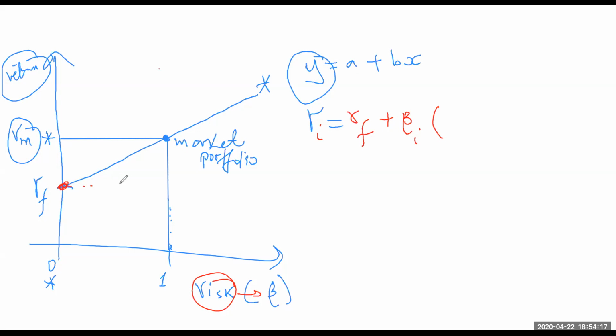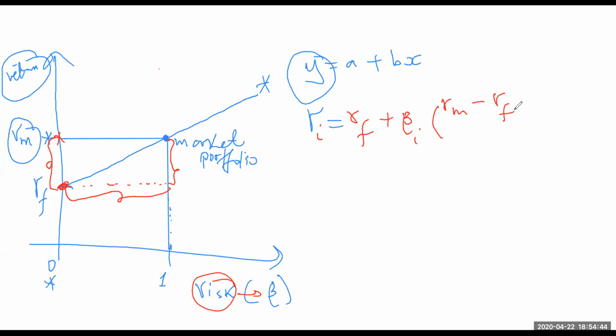I want to determine the gradient. The gradient is simply the change in y divided by the change in the x-axis. The change in y starts from Rm all the way to Rf, so the change in y is Rm minus Rf.